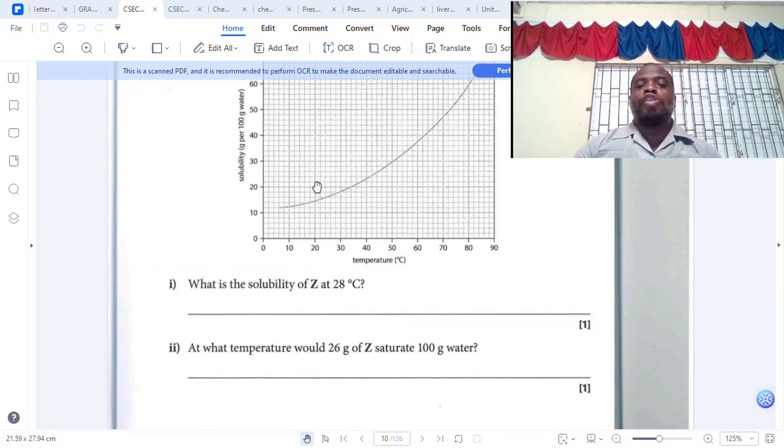So we call that supersaturated. Now, if at 20 degrees Celsius it has 10 grams, it's below the curve, we now say that it's unsaturated. It still can hold more.